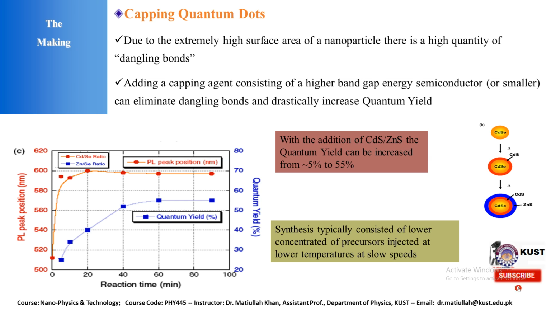It is already visible in the curves. With the addition of the CdS and ZnS, the quantum yield can be increased from 5% to 55%, and that is really a very great increase in the quantum yield. The synthesis typically consisted of a lower concentration of precursor injected at lower temperature and at low speeds.